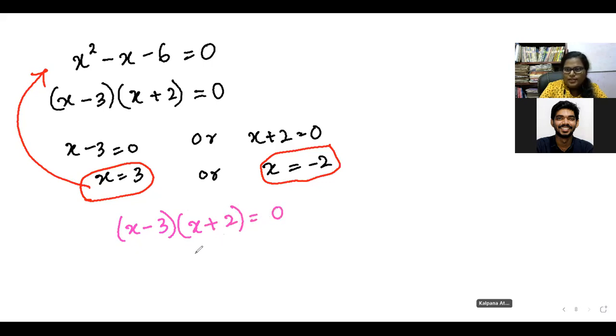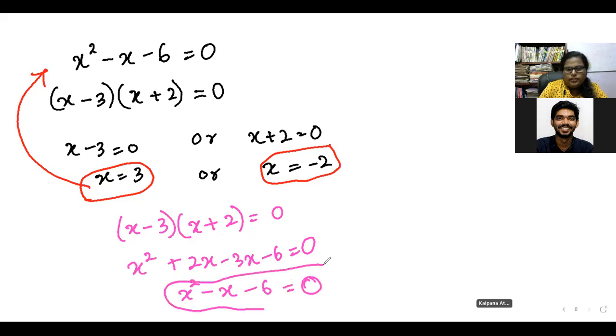This is how we construct it. We multiply the brackets and get x square plus 2x minus 3x minus 6 equals 0. So we end up with x square minus x minus 6 equals 0. This is the quadratic equation which has the roots 3 and minus 2, right? We take this action.